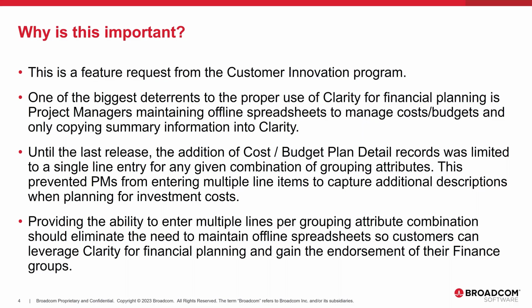This prevented the PMs from entering multiple lines to capture any additional description that they would like when planning for investment costs or budgets. Providing the ability to enter multiple line items per grouping attribute combination should eliminate the need to maintain those offline spreadsheets so that customers can leverage Clarity for financial planning and gain endorsement of their finance groups.